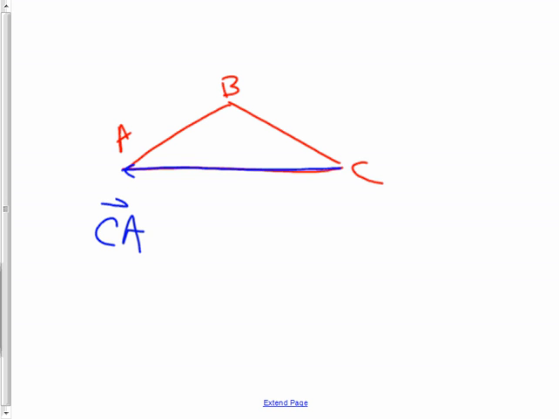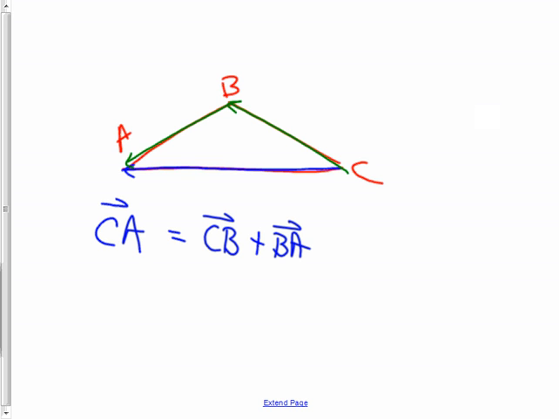It's like I gave you the answer, and then you have to give me the question. What is, very good, you put it in the form of a question, that's good. What is what? What do you think it is? CB plus BA. Now I'll see if you're right. CB plus BA. Yes.